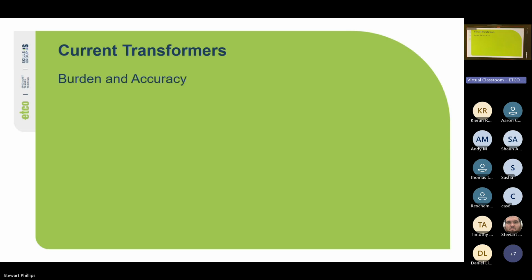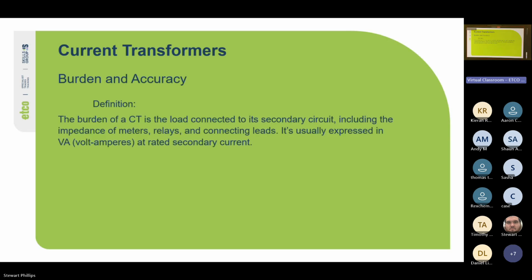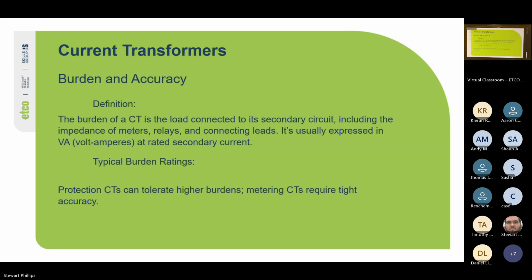So burden and accuracy, the definition. The burden of a CT is the load connected to its secondary circuit, including the impedance of meters, relays, and connecting leads. It is usually expressed in VA at rated secondary current. So typical burden ratings: protection CTs can tolerate higher burdens. Metering CTs require tight accuracy.